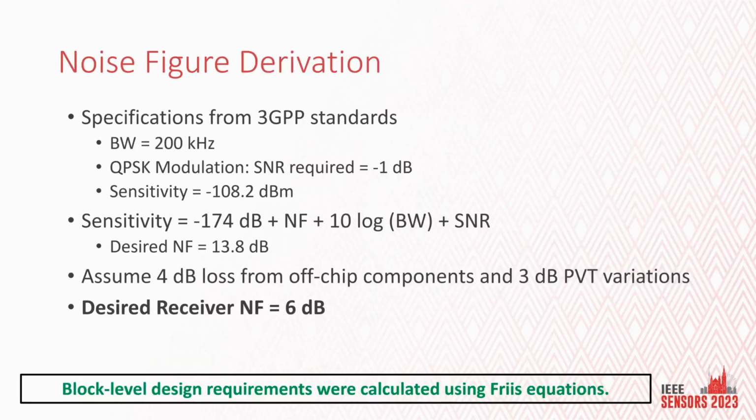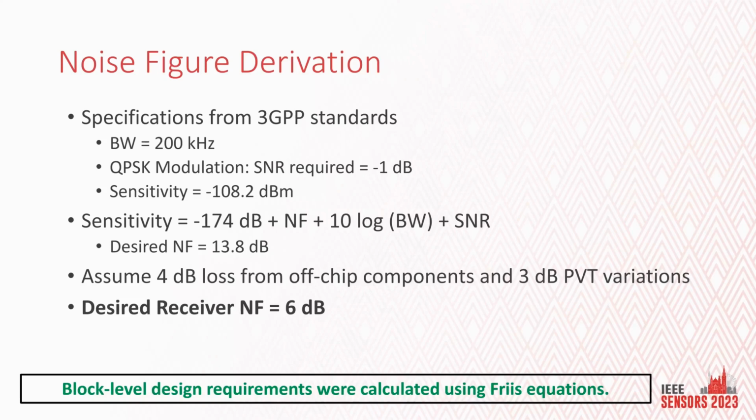This slide shows the derivation of the noise figure, which is done as follows. From the 3GPP standards, we can see the specifications. The signal has a bandwidth of 200 kilohertz, and the signal itself uses QPSK modulation. The required SNR for the signal is around -1 dB, and the overall sensitivity is around -108.2 dBm.